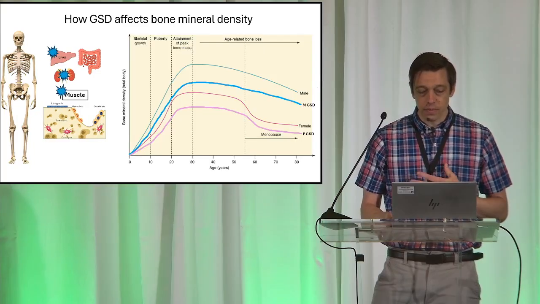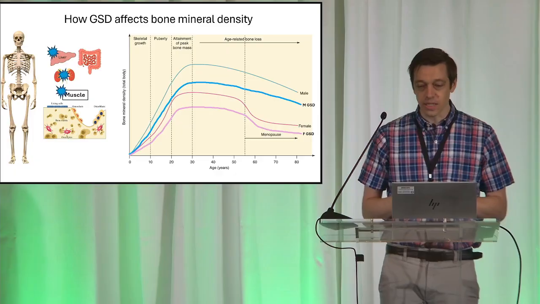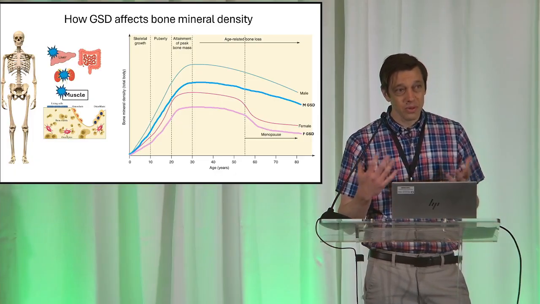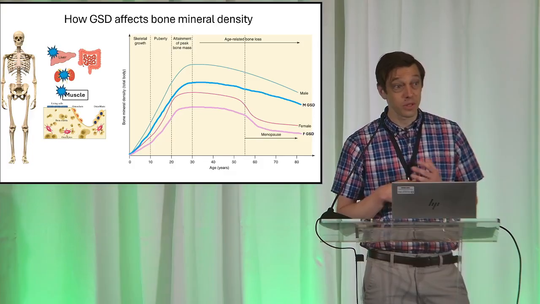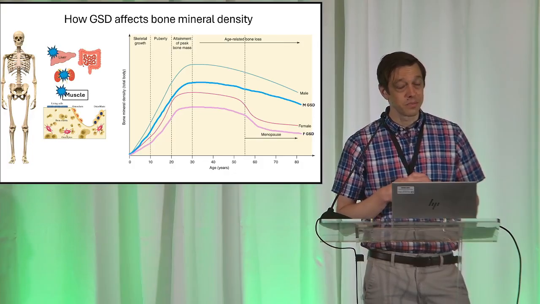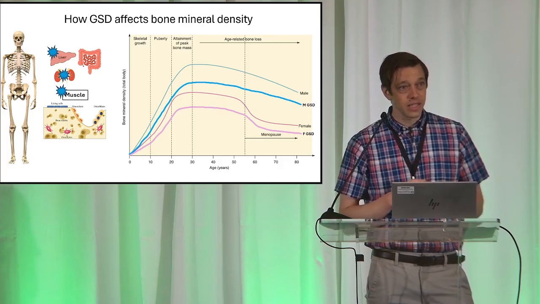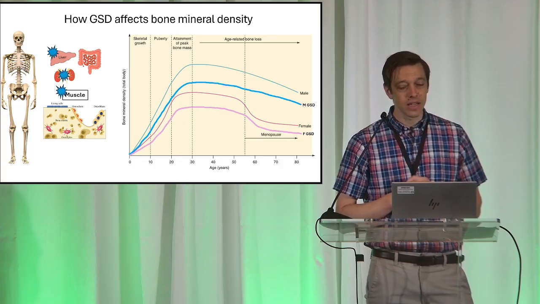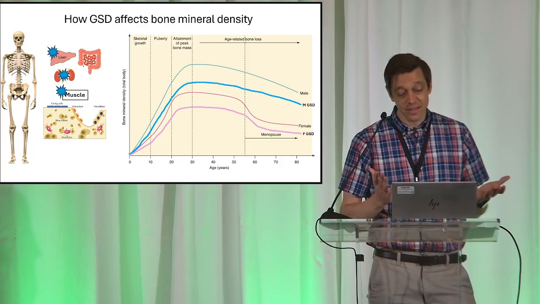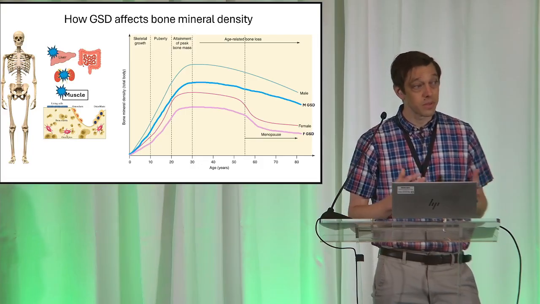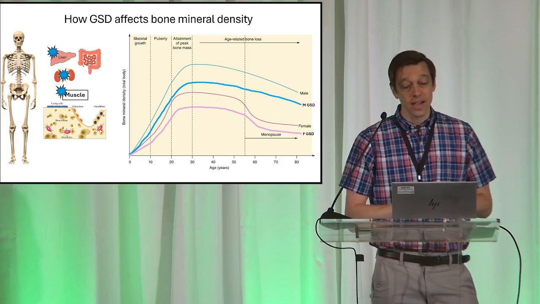What we've seen over time in GSD is that there really is a dearth of literature about bone mineral density in different GSDs, and the primary work that has been done, as with a lot we've seen already today, is in GSD1, with some work in GSD3 as well.